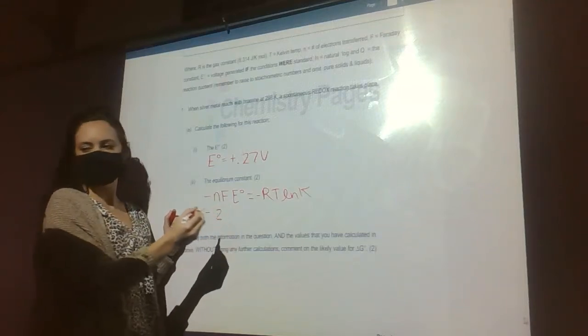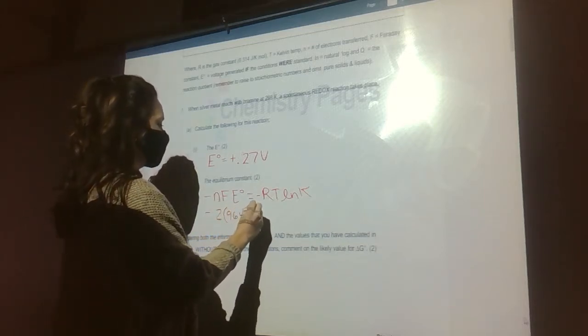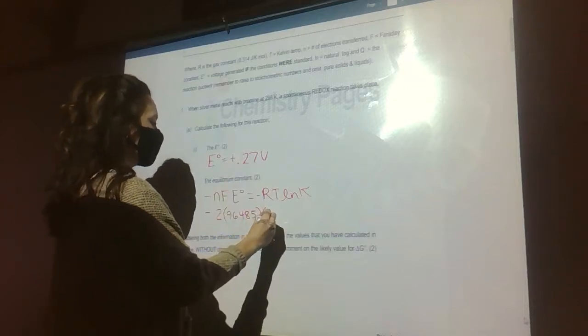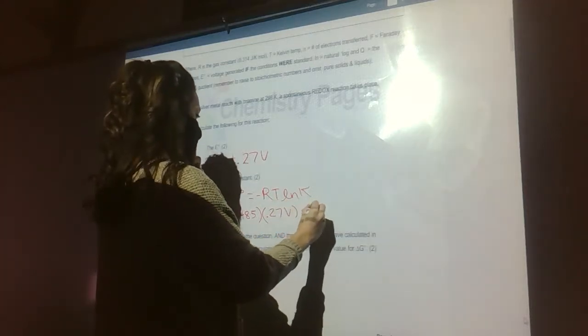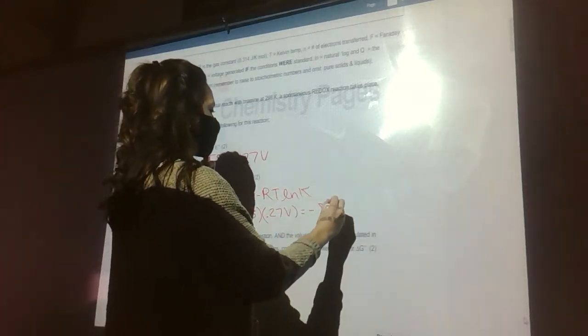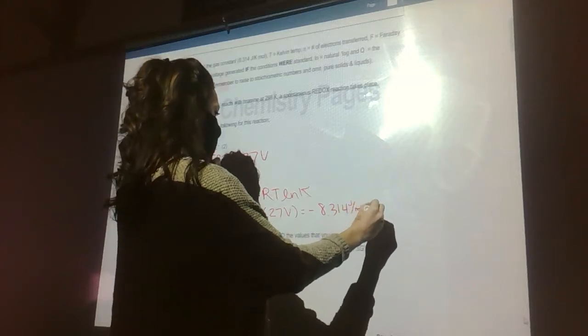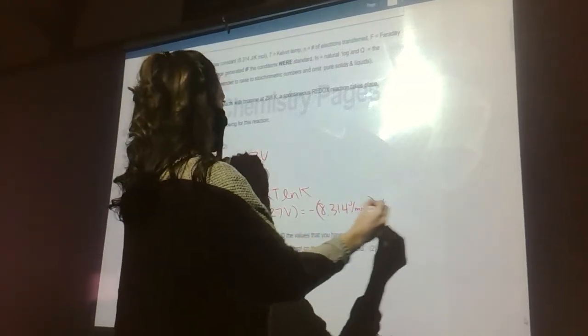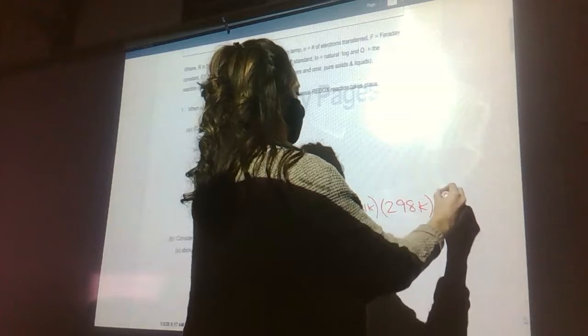Faraday's constant is like 96,485. E naught is 0.27. R in this case is 8.314 joules per mole Kelvin. Temperature was given, 298 Kelvin. And then we're solving for K.